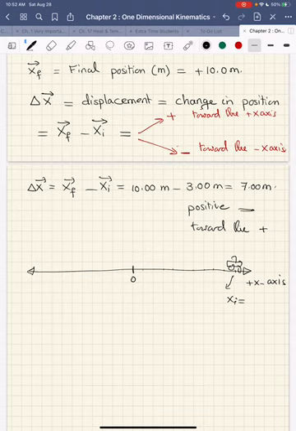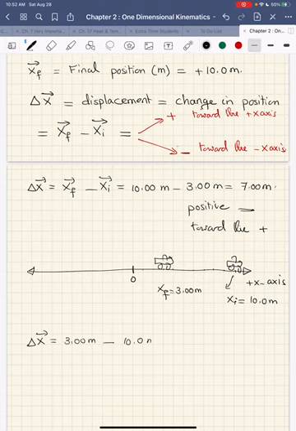X initial is 10 meters, and here x final is 3 meters. Then the displacement is the final, which is 3 minus 10, and that is negative 7. This means that my object is moving to the left, and that's true.